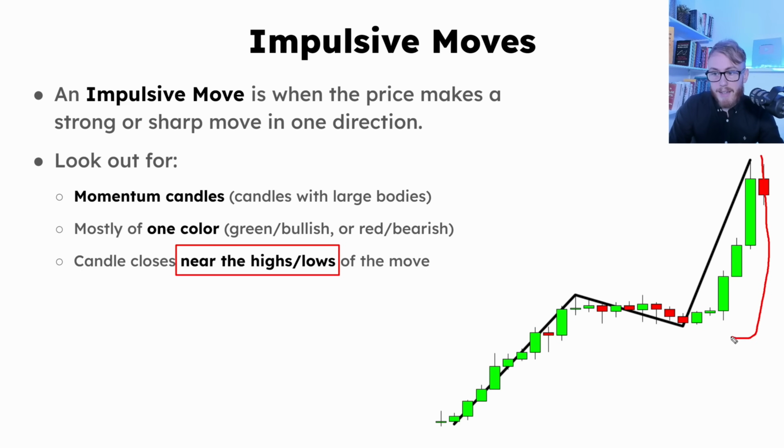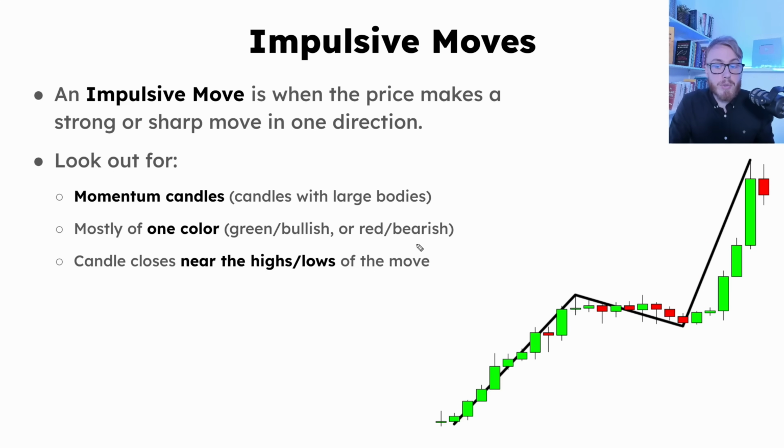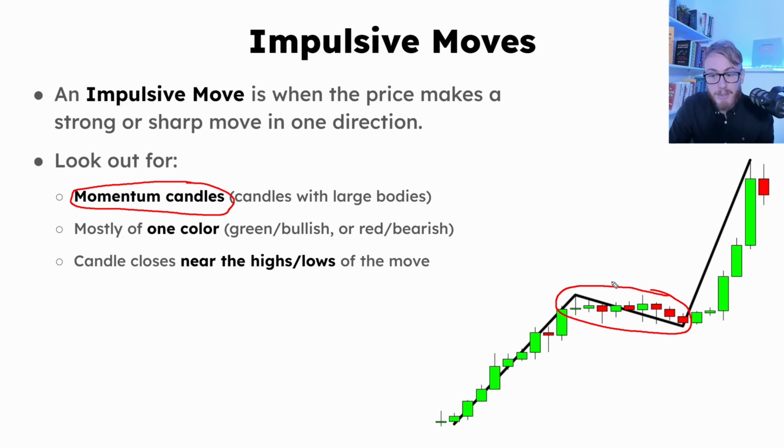And if we take a look at this other impulsive move right here, we can see that pretty much all of these candles closed very near the highest point of the candle. And by using these rules, we can also see why this right here was not an impulsive move. First of all, this move did not have momentum candles. You can see the bodies of all of these candles were very tiny here.